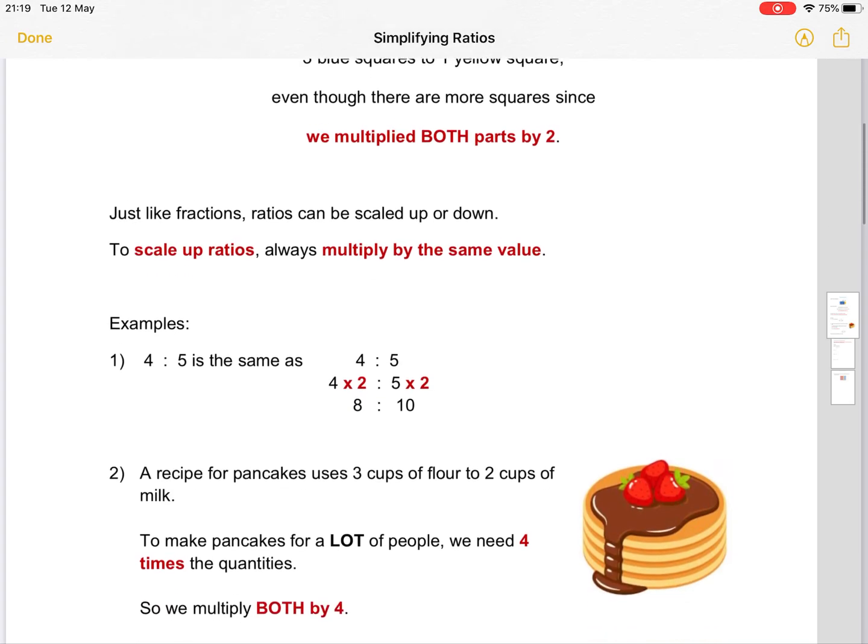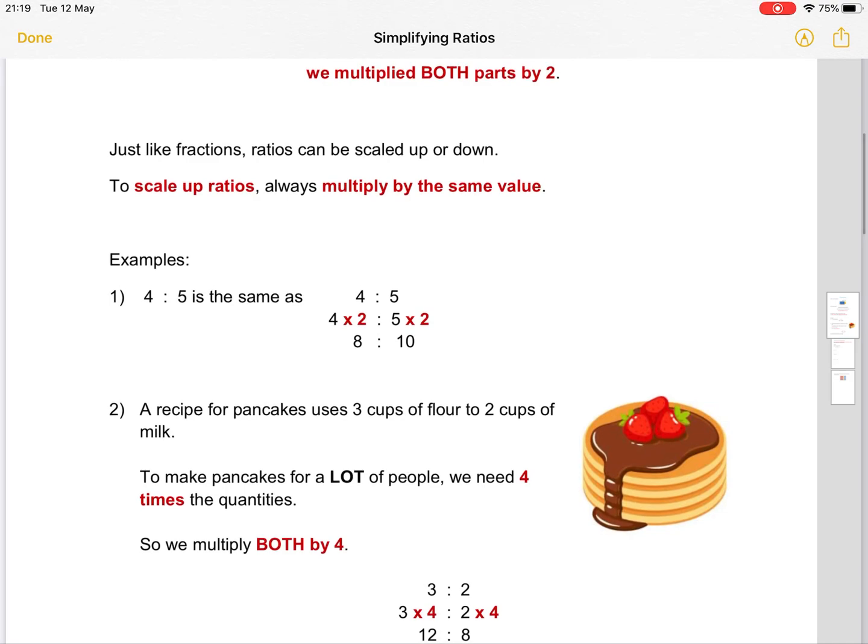Let's discuss a real life situation. It is very common when we are cooking. A recipe for pancakes uses 3 cups of flour to 2 cups of milk. So for every 3 cups of flour, I have to measure 2 cups of milk.